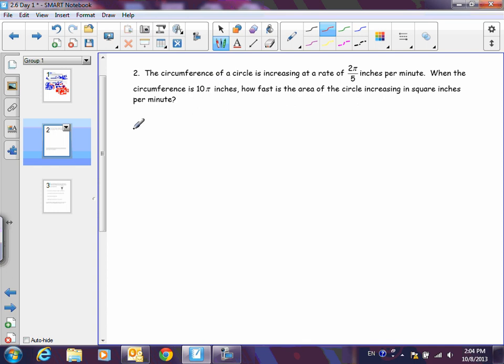Okay, what I want you to do, I'm going to read the problem, and I want you to fill in Twiggy as best as you can. All right? Remember, F is for what you're finding, W is what you write after the when statement, G is any other givens, and E is your equation. So this says the circumference of a circle is increasing at a rate of 2 pi over 5 inches per minute. When the circumference is 10 pi inches, how fast is the area of the circle increasing in square inches per minute? So read back through that if you need to.